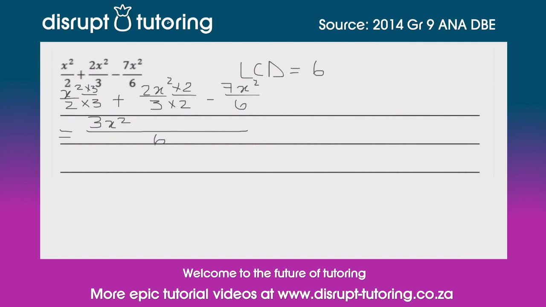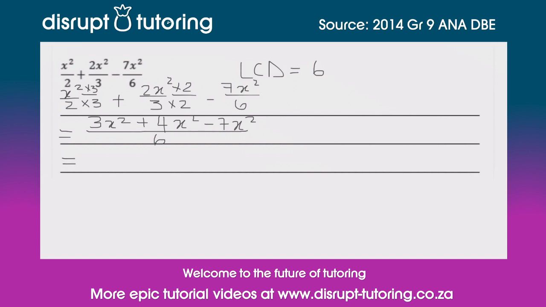Then I've got 2x squared times 2, which is going to be plus 4x squared. And then finally, I've got minus 7x squared times 1, which is simply going to be minus 7x squared, over 6. Okay, so 7x squared.